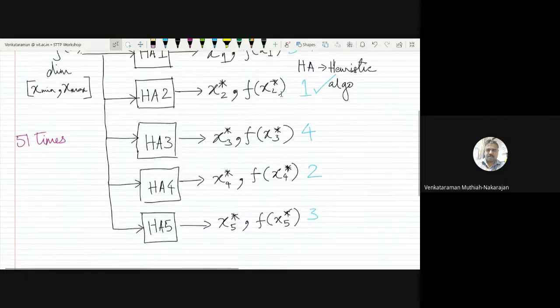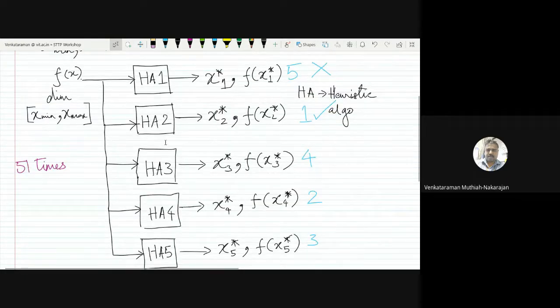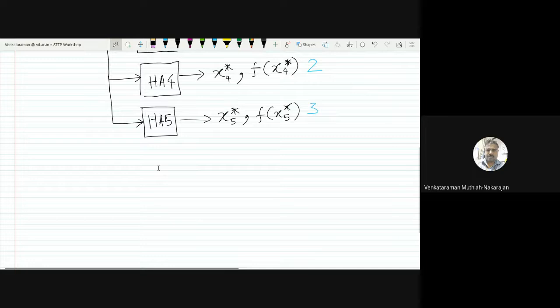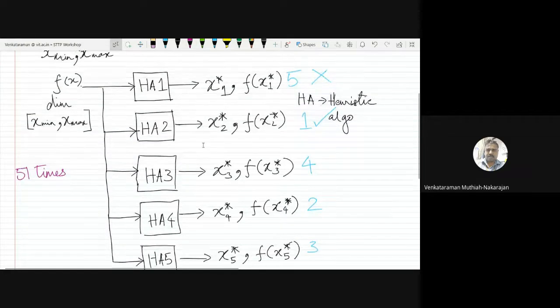Then you make a comparison for each of these individual algorithms. The reason we need a statistical comparison is that if you run once and find that HA2 is giving a superior result compared with HA1, it may be out of luck.